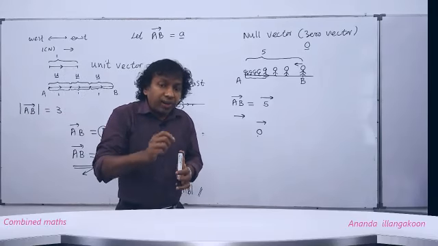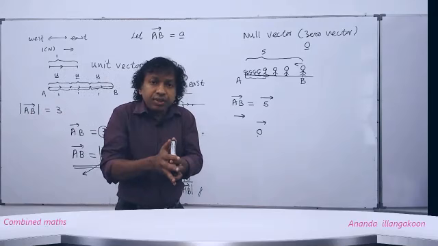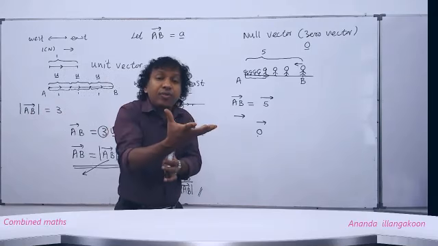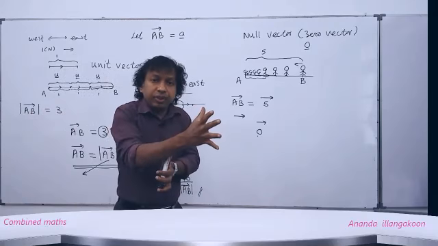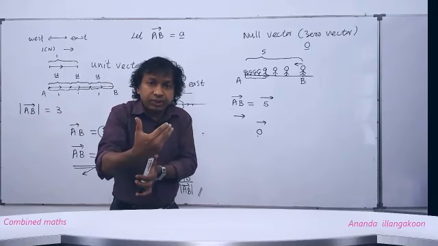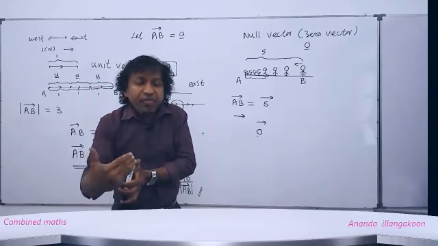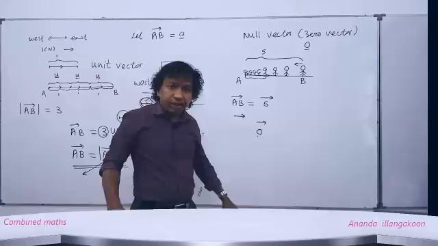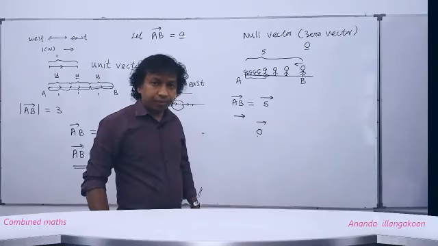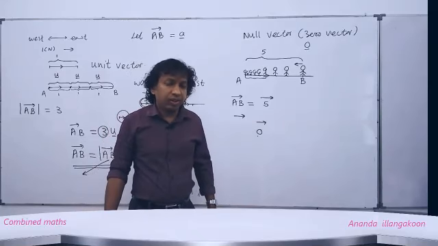People, at that moment the gap is 0, the direction is rightward. Why? We have been measuring the direction to the right as the man comes towards A. Once he comes onto A, still we are measuring the direction to the right. So therefore, this null vector has a definite direction. Right? Okay, so that is how we define the null vector.